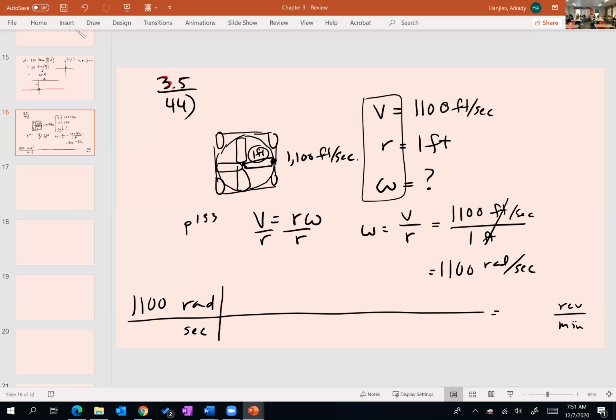So let's deal with the radians here. Radians need to be on the bottom because I want to cancel those. And 2 pi radians per 1 revolution. I'll take it all the way across.